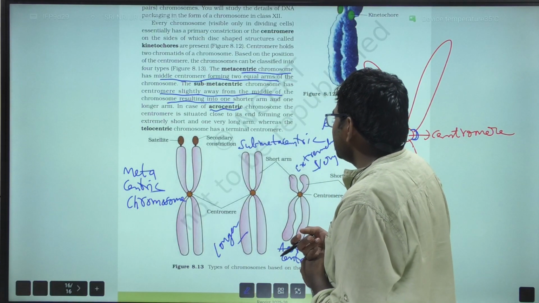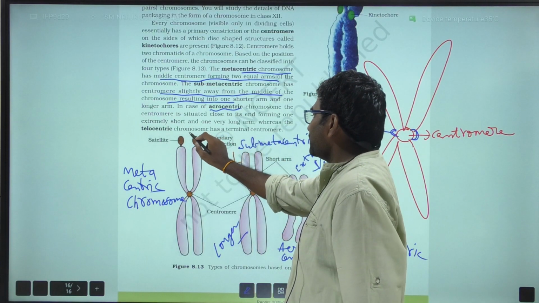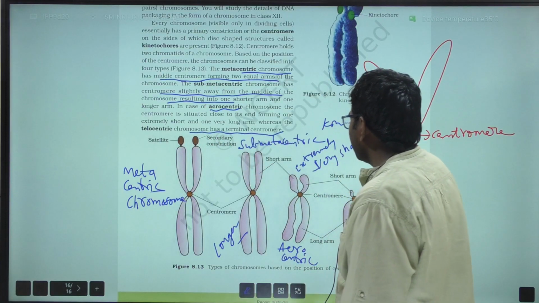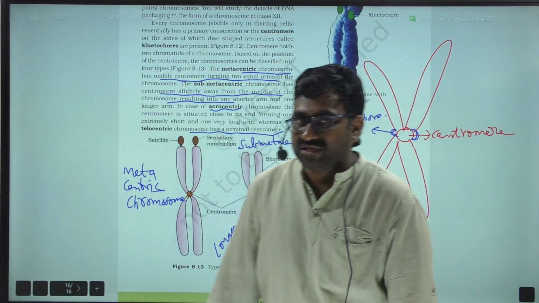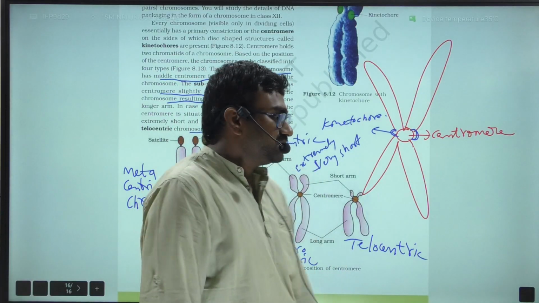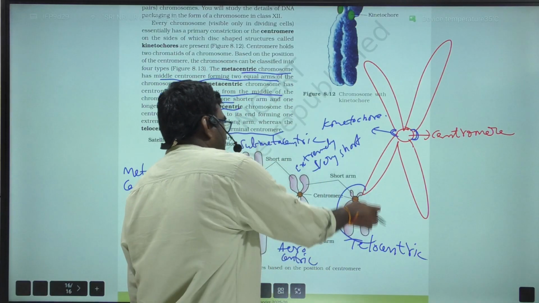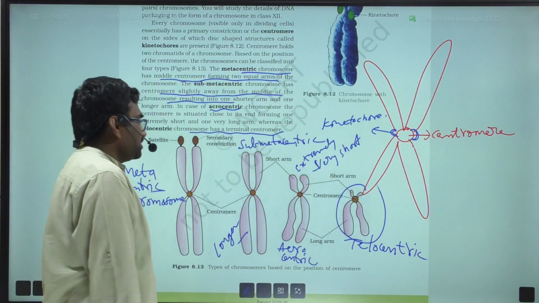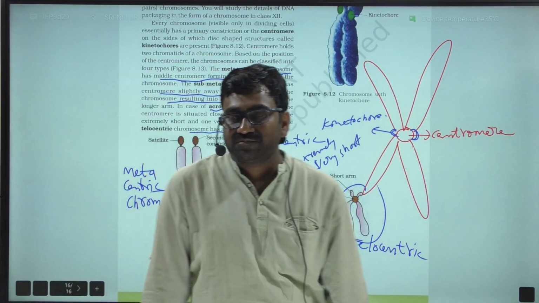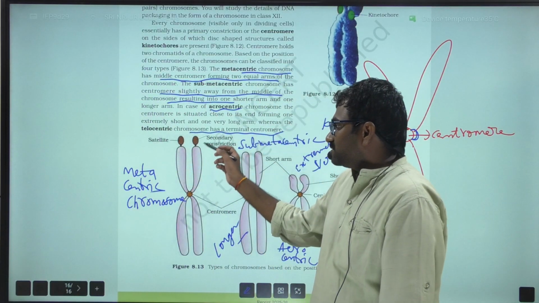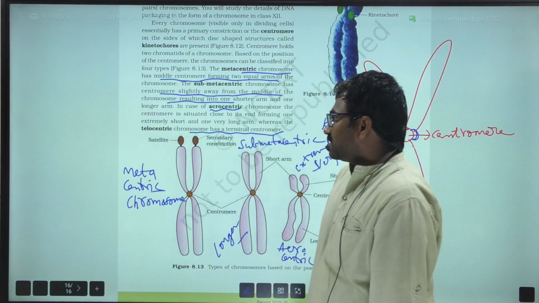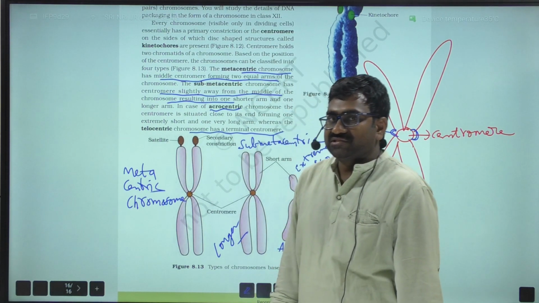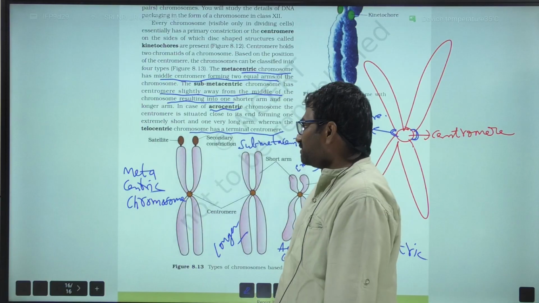And telocentric has a terminal centromere, that means one arm is absent. And some chromosomes possess secondary constrictions, and they are called satellite chromosomes.